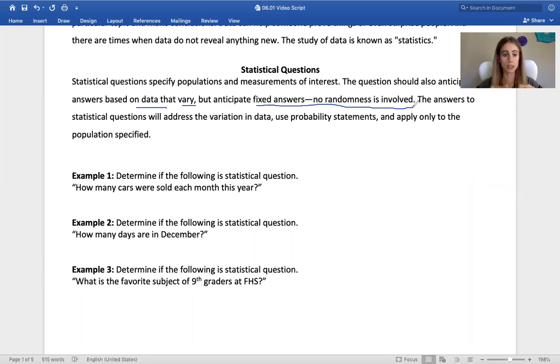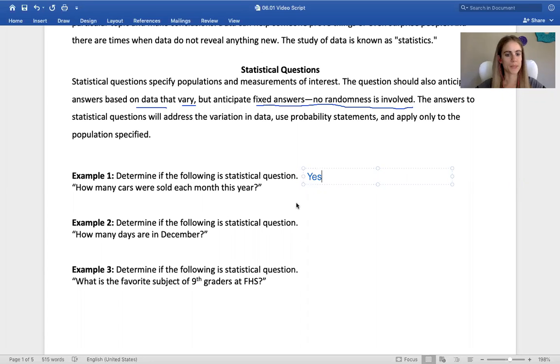Well, could I collect data? Could I go to a dealership and see how many cars were sold? Yeah. Would I have a parameter of answers? Yeah, because I could expect, depending on the size of the town, my answer to be within a certain range. It's not going to be like 1 million or negative 500. So yes, this is a question that would be statistical.